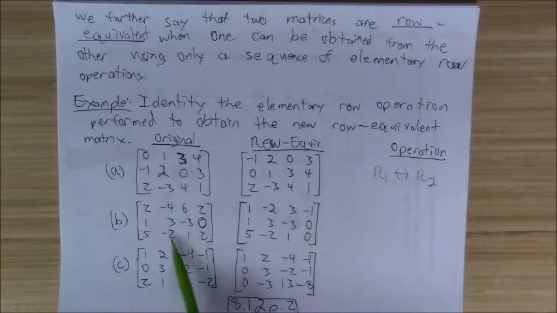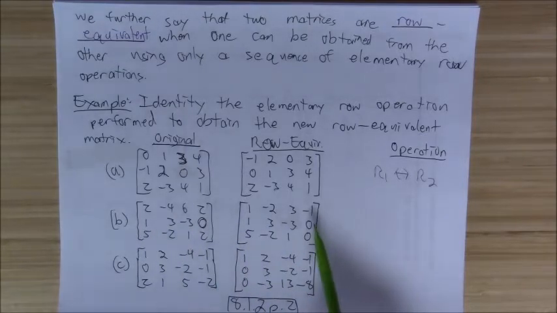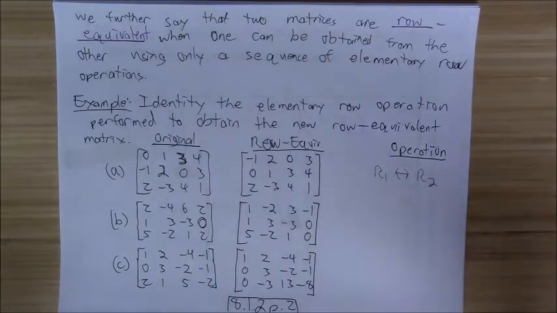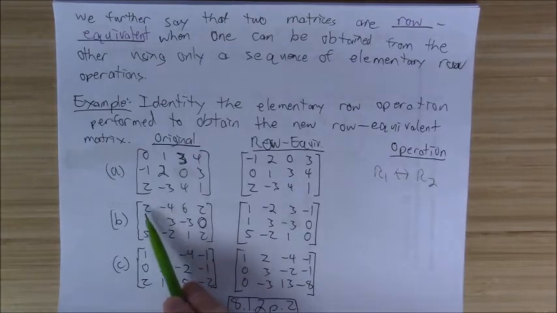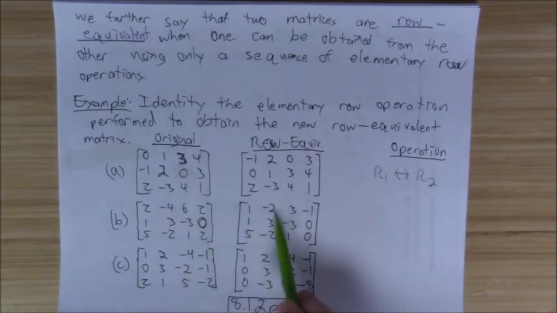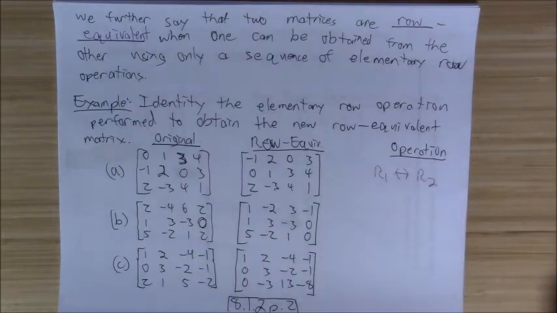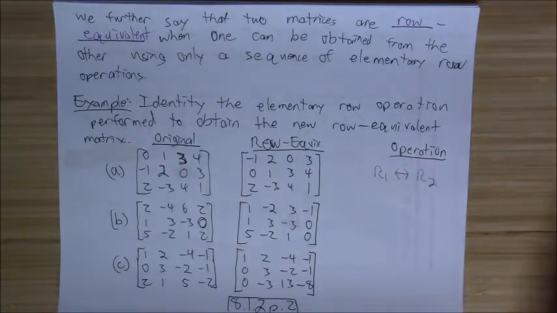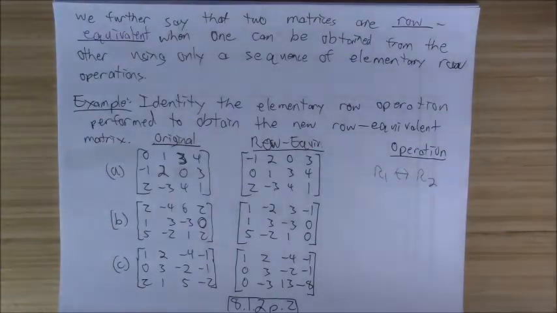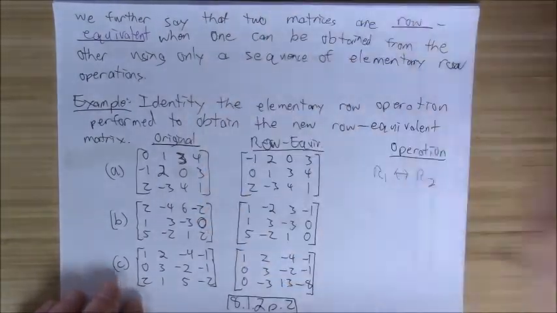Here, going from the left-hand side to the right-hand side in part B, this row is the same, this row is the same in both of them, but the top row is different in each one. So what happened here? Well, we see that 1 is half of 2, negative 2 is half of negative 4, 3 is half of 6, and there should be a negative 2 right here. Sorry about that.